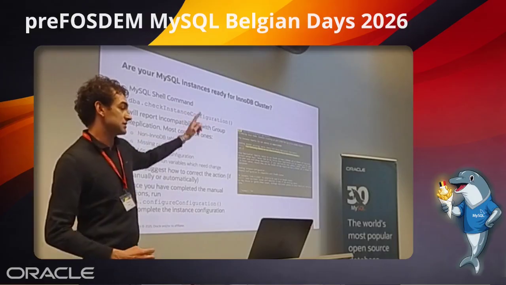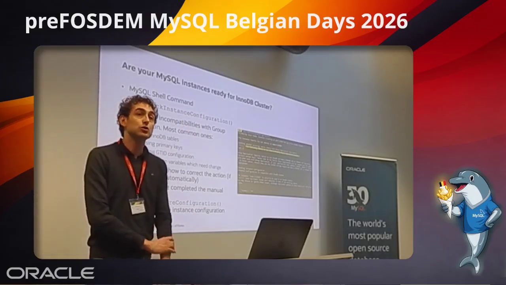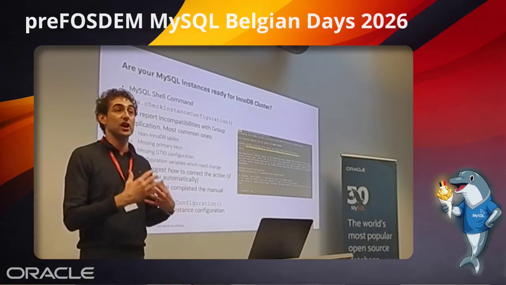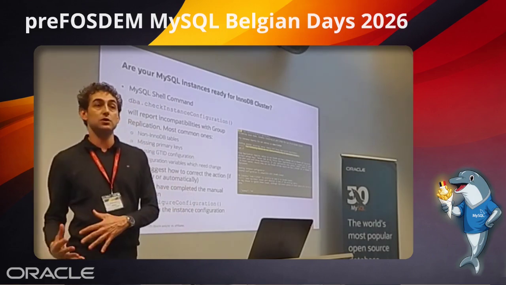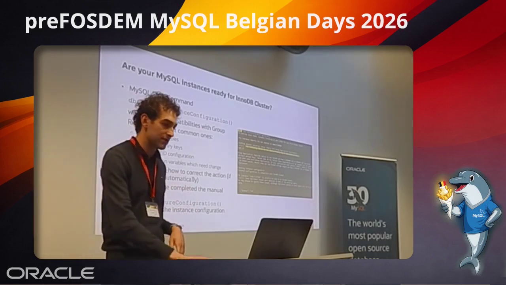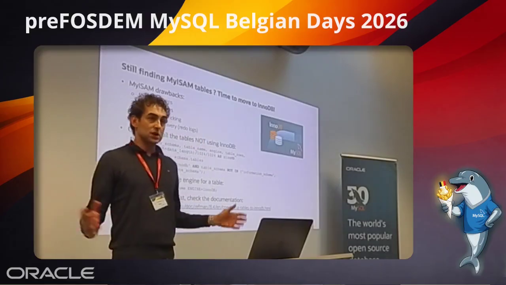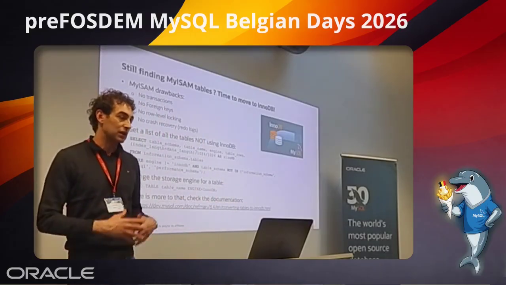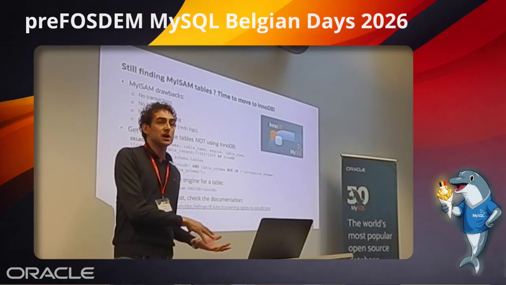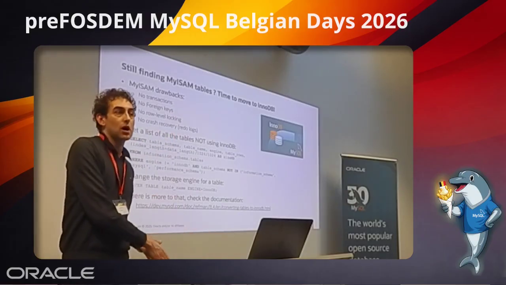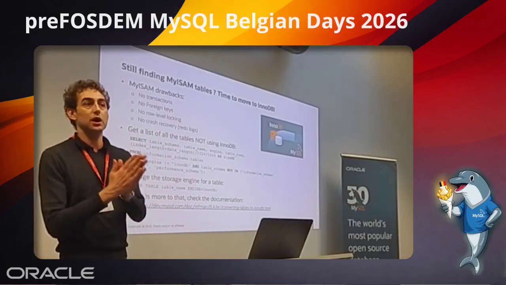You can check the instance configuration to see what else needs to be changed before moving. We'll see this live. Still have MyISAM tables? Look for what the MyISAM tables are and upgrade them to InnoDB.